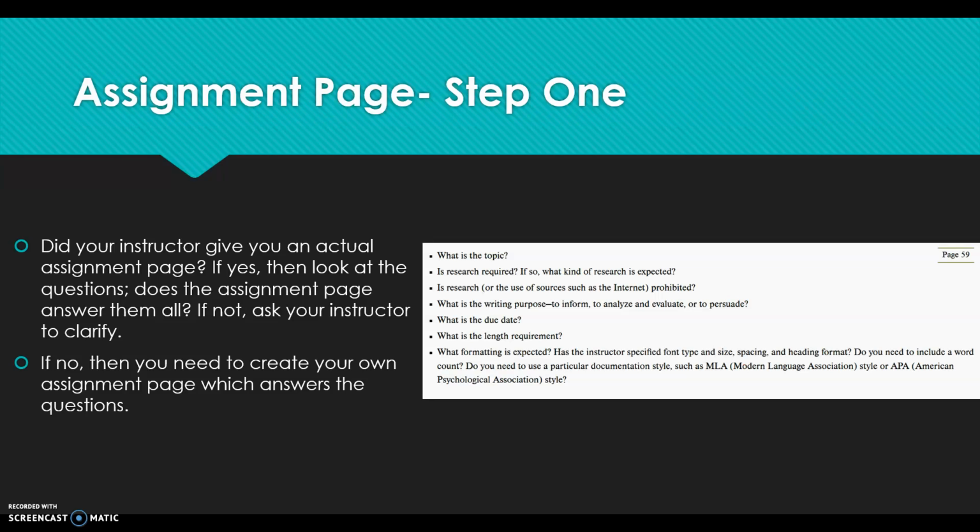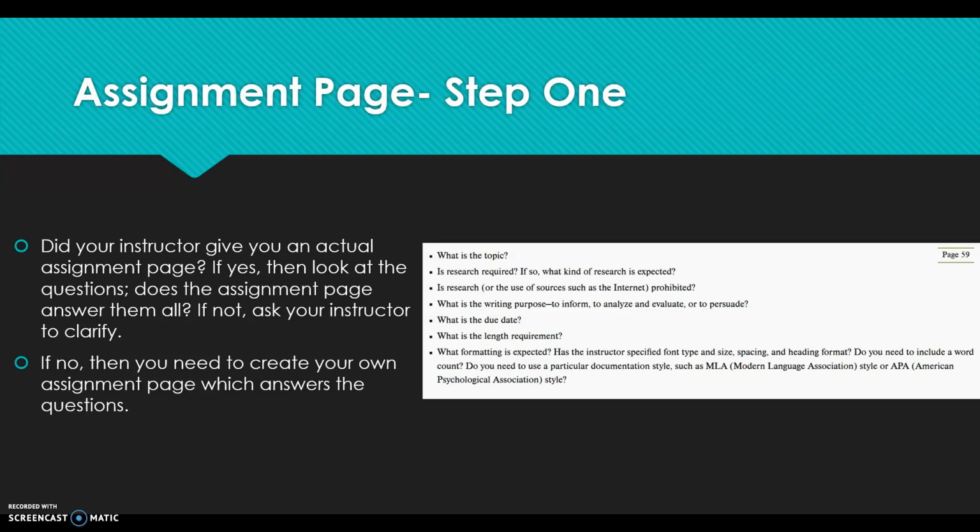So you want to either look at your assignment page or create an assignment page if you're not given one. Okay? So you want to look at the prompt that you're given for your writing and see if you can answer those questions on the right.